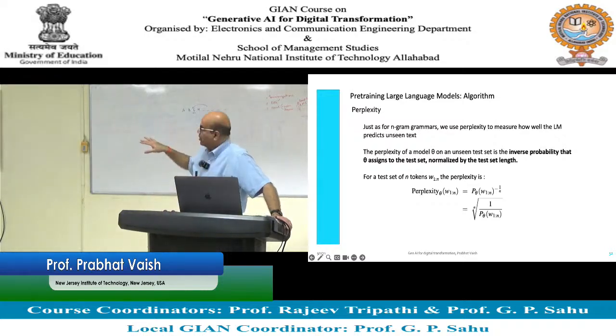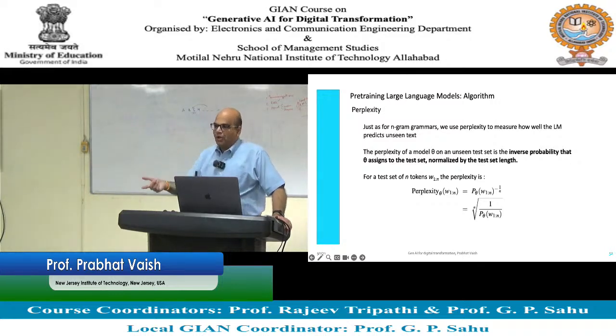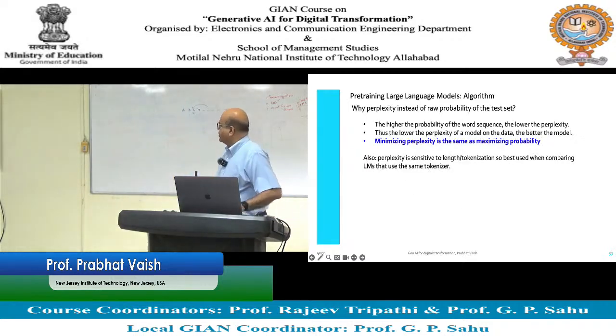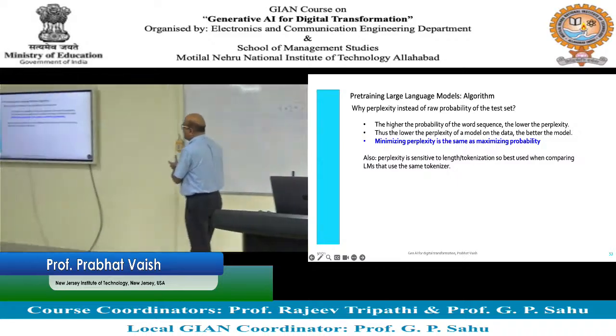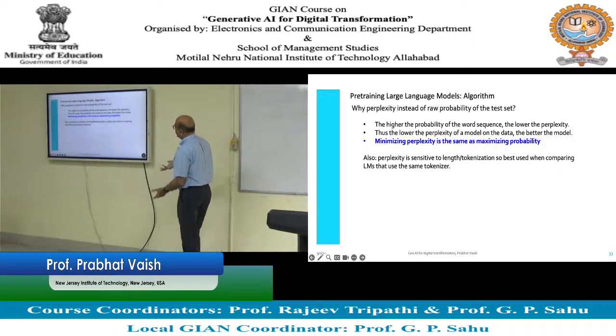With the language model, you want it to perform better on the unseen prompt or unseen data than just on the seen data, right? Again, you don't want to use the probability of the test set, because the probability of the test set will always give you the right answer. You want to use the perplexity.